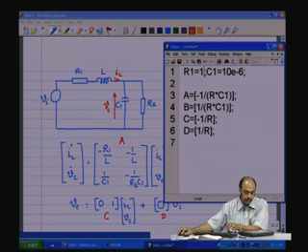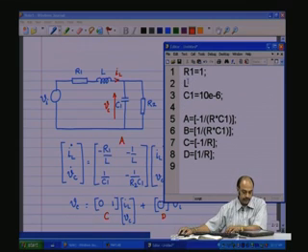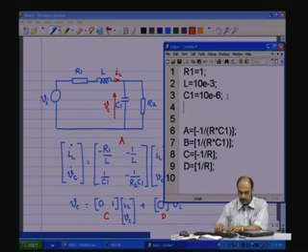We need to give L. L equals, let us say, 10 millihenry, which is 10 into 10 to the power of minus 3, or 10e minus 3. C1 of 10 microfarads, let us have it, and then R2 equals, let us say, 10 ohms.